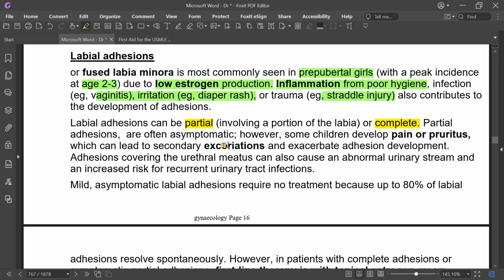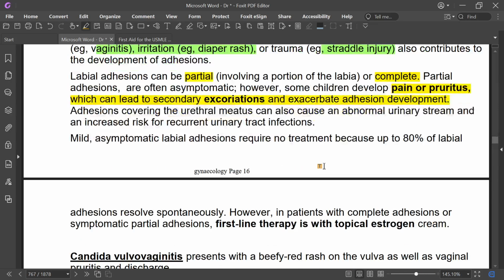Partial adhesions are asymptomatic. Some children develop pain or pruritus, which leads to excoriation and exacerbates the adhesion development. Adhesions covering the urethral meatus can also cause an abnormal urinary stream and increased risk of recurrent UTI.